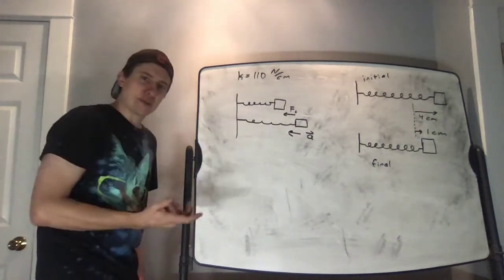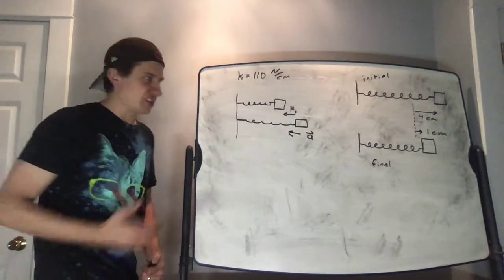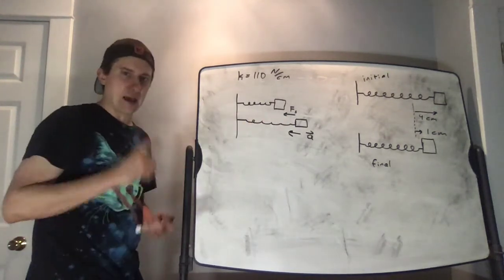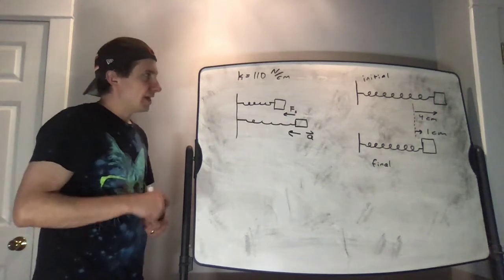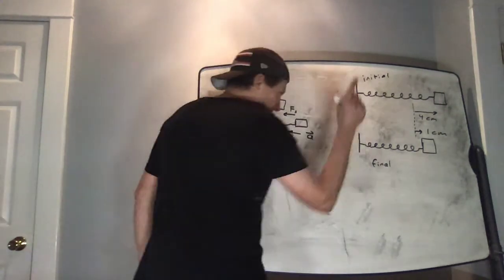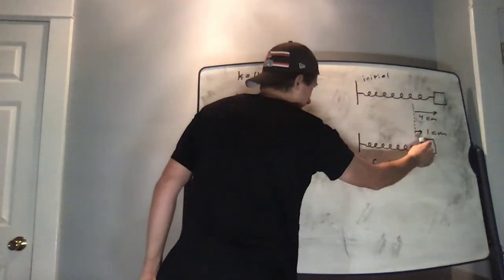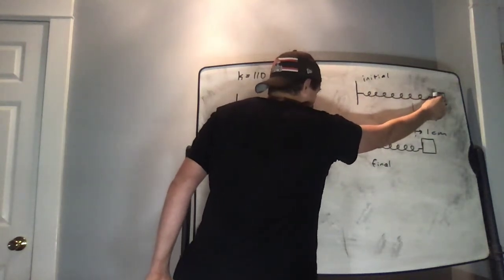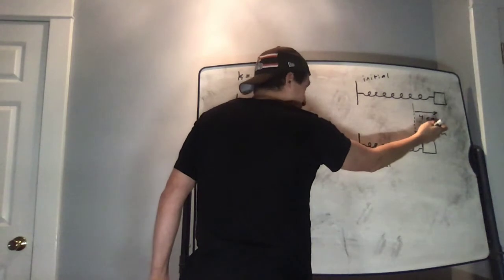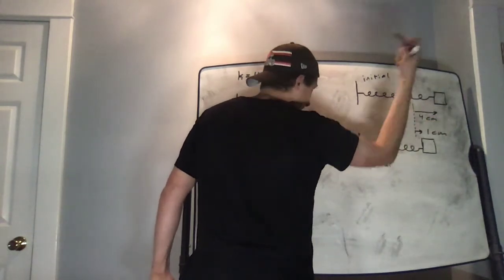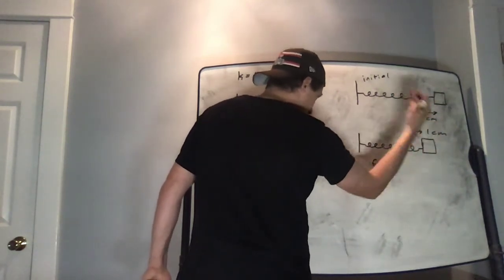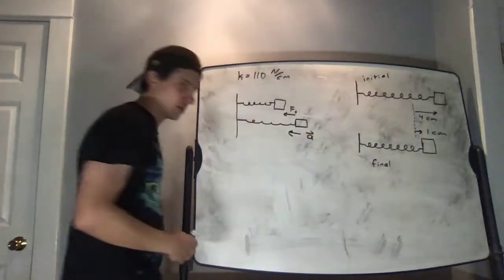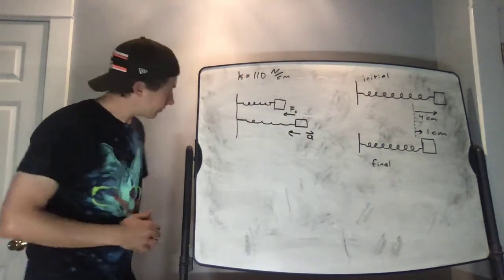I could interpret that as saying the spring force did positive work on the object in this scenario. Similarly, we expect the spring force to do positive work when the object goes from being attached to a spring stretched 4 centimeters beyond its natural length to having the spring be stretched only 1 centimeter beyond its natural length.